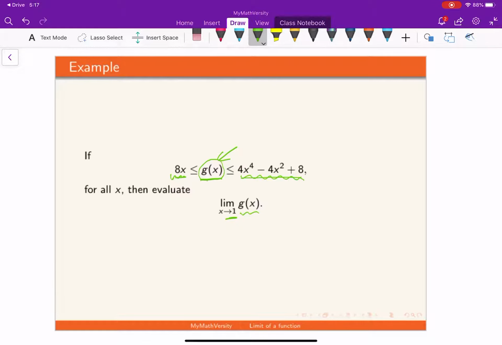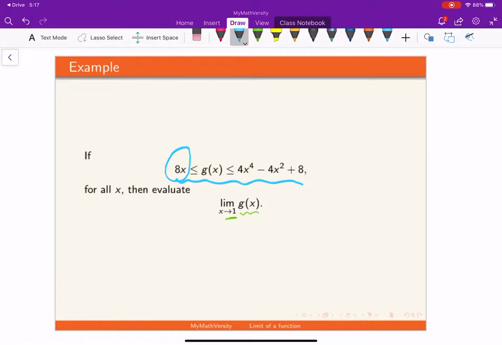Well, because we have some extra condition given, I'm trying to think if I can use the squeeze theorem. But if I want to use the squeeze theorem, how can I apply that? The squeeze theorem says that if a function satisfies this kind of criteria, just try to see what is the limit of the bounding functions.